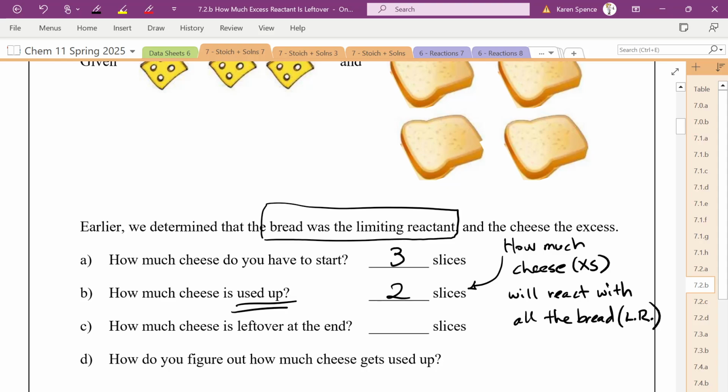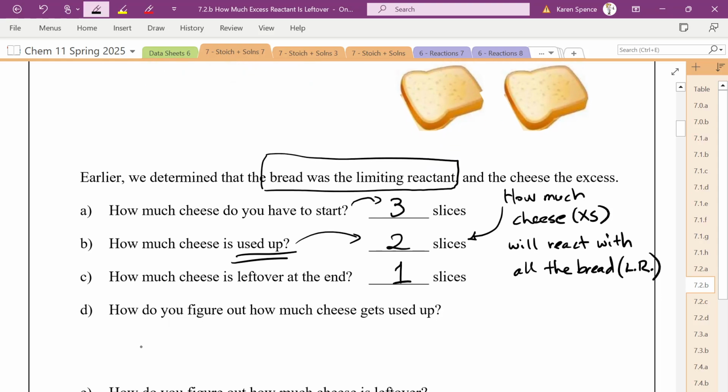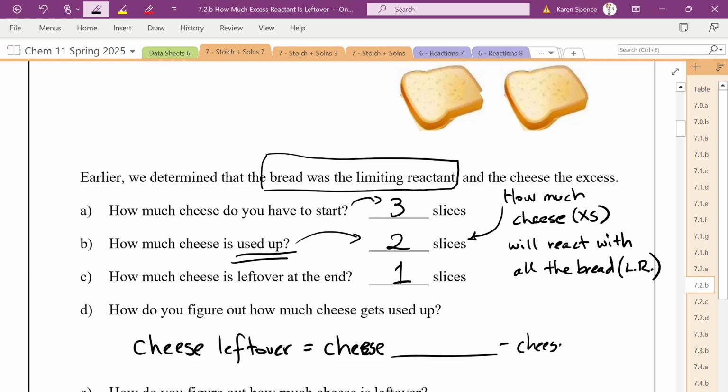And then you say, okay, well, how much is left over at the end? Well, we know that we started with 3 and we used up 2, so it's going to be 1 slice. How did you figure it out? Cheese left over equals cheese minus cheese.